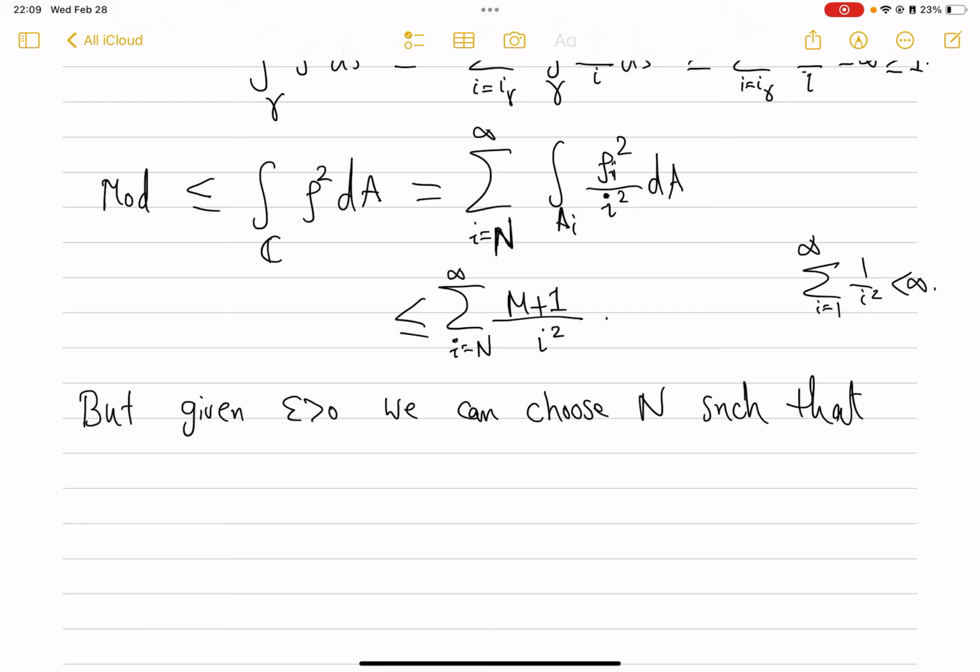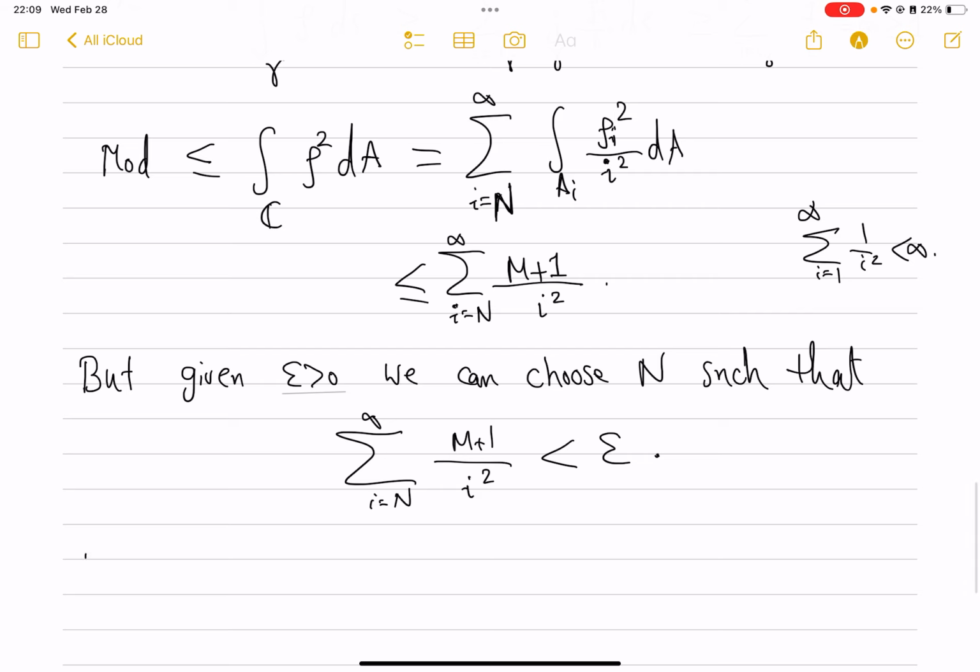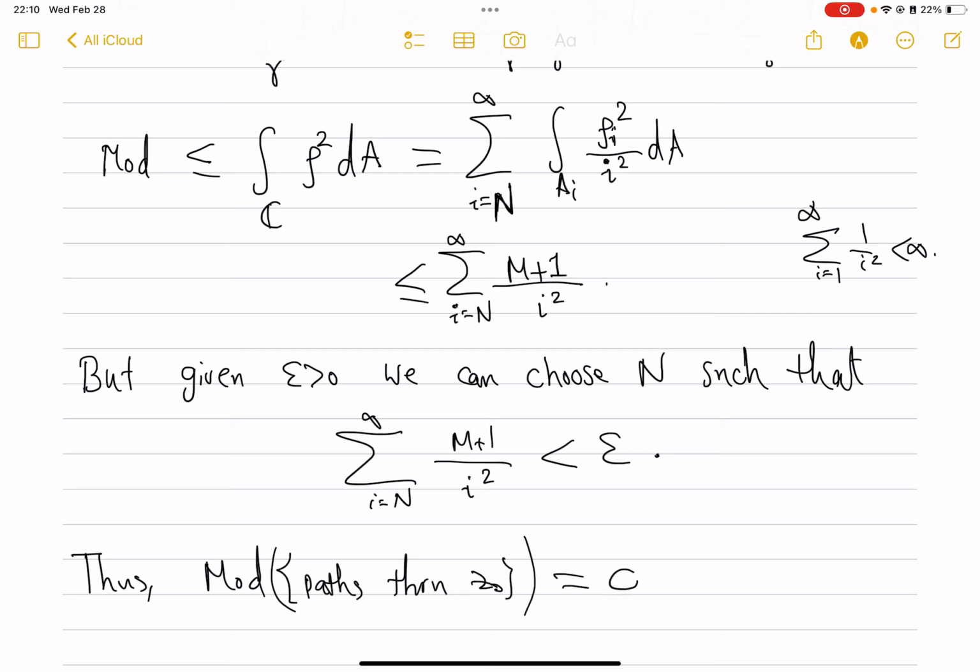So such that the sum from I equals n to infinity of m plus 1 over I to the power 2 is less than epsilon. And epsilon was arbitrary, thus the modulus is less than every epsilon. So the modulus of all paths through z naught is equal to 0. And that ends the proof.